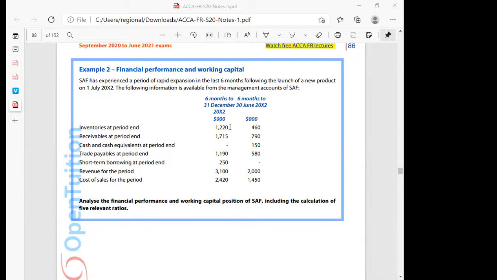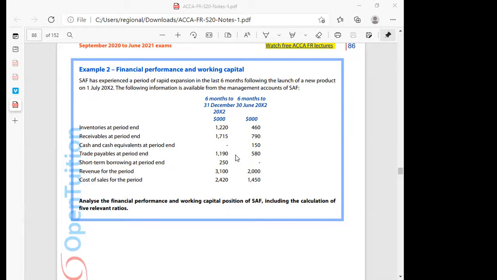So we have 1220 vis-a-vis cost of sales of 2420, times 365, times 182.5 for 6 months, which at the end of the day gives me 1220 divided by 2420 times 182.5, which will end up giving us 92 days.